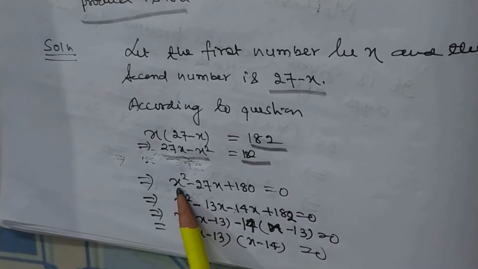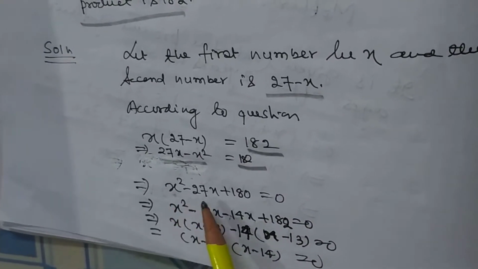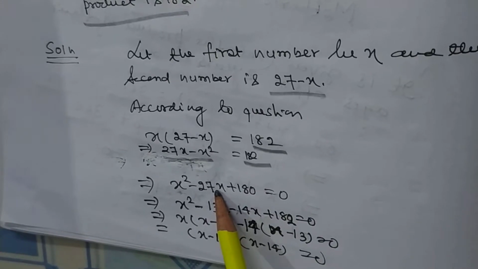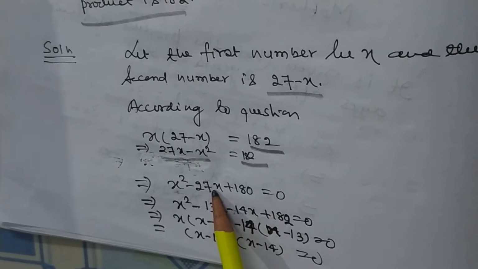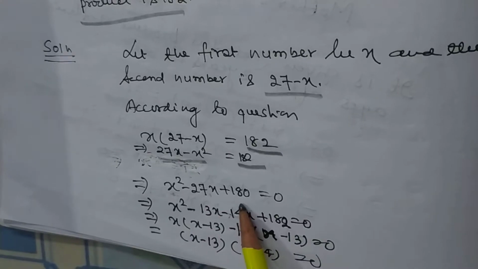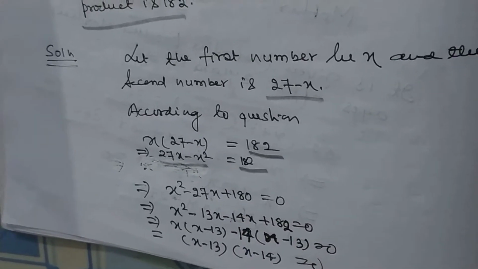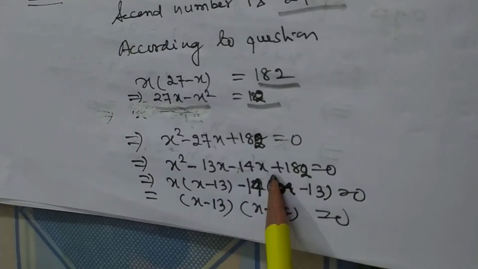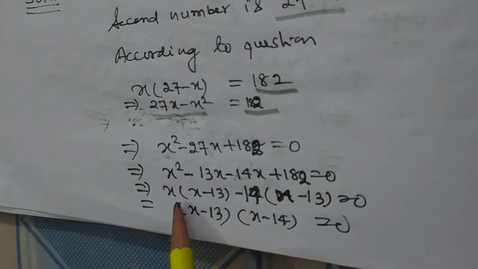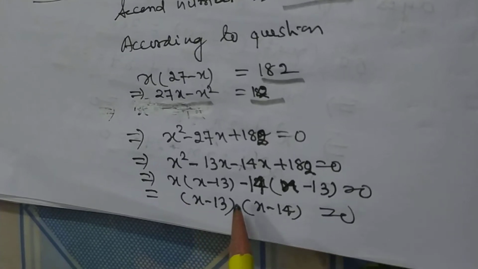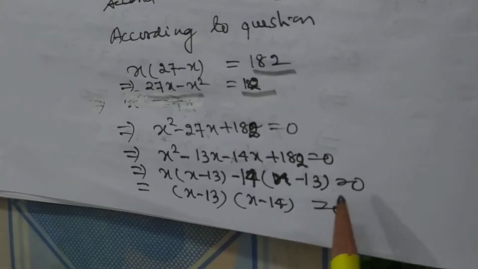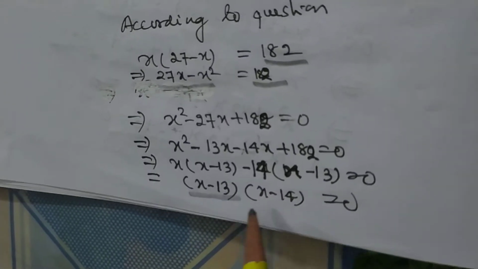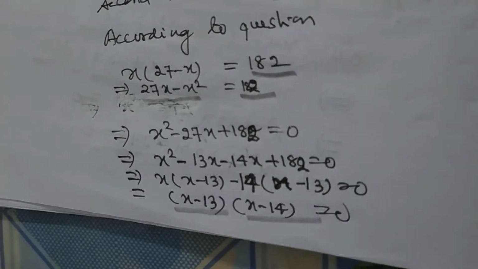So it will be x square minus 27x plus 182 is equal to 0. So it will be x square minus 13x minus 14x plus 182 is equal to 0. By taking common x minus 13 and minus 14, it will be (x minus 13) into (x minus 14) is equal to 0.